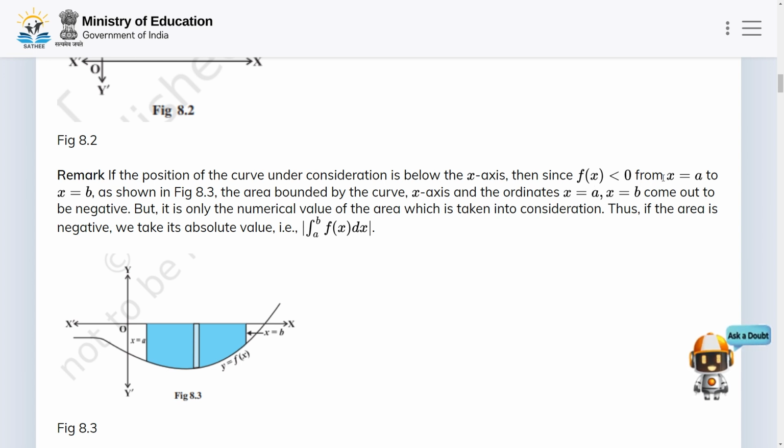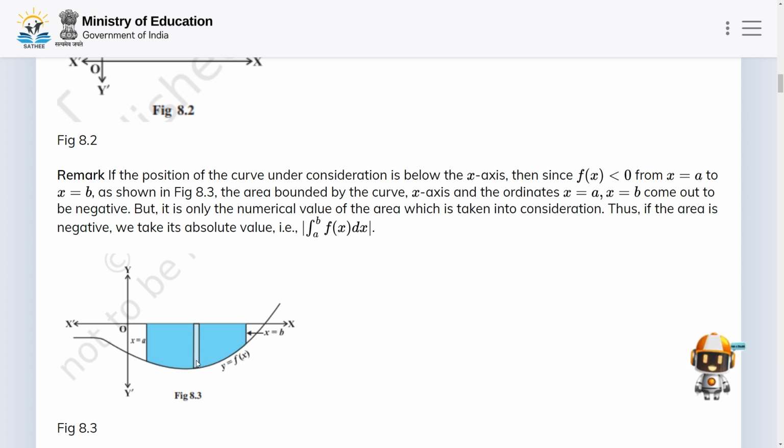Okay, now the other conditions remain the same, which is ordinates from a to b, as you can refer to this figure, x going from a to b. But the only change is the curve now is below the x-axis.